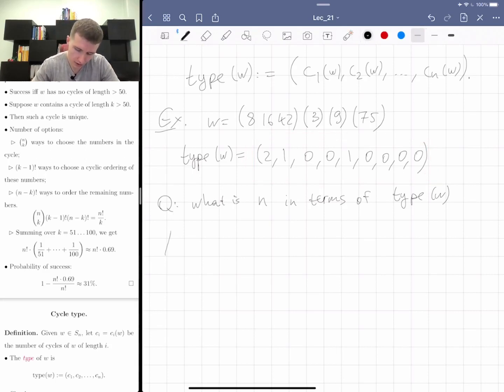The answer is that we have 1 here, that's C1, C2, C3, C4, C5. C5 is equal to 1, that means there is a 5 cycle. And there is a 5 cycle, a 2 cycle, and so anyways, you have to sum them with weights. So n is equal to the sum of i times Ci of W.